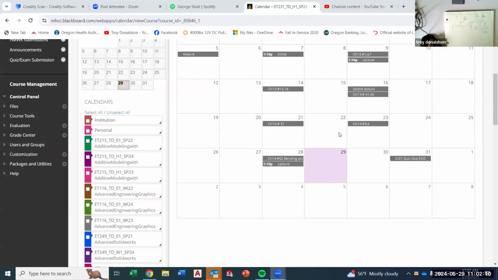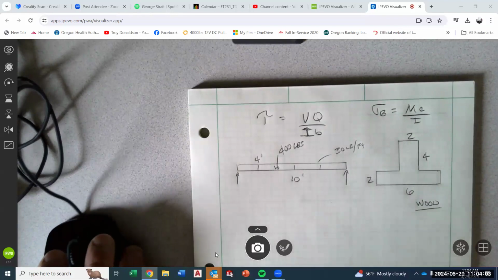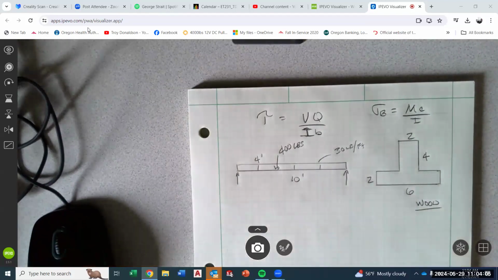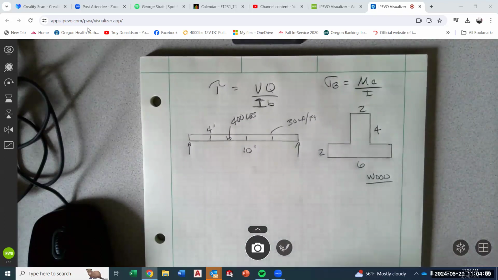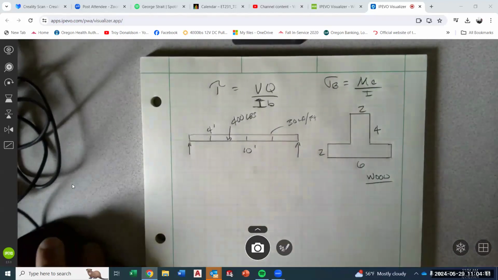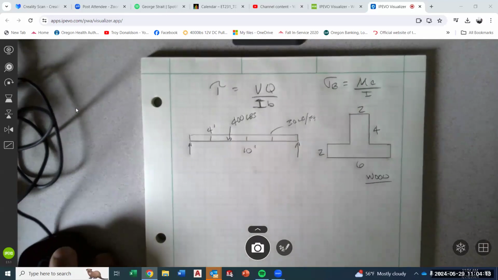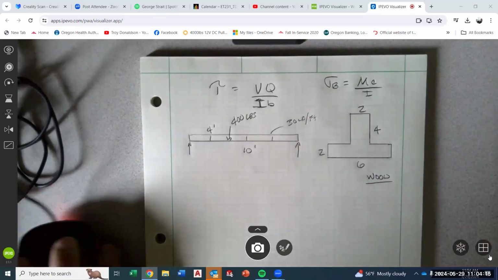It's inverted, so I'm going to have to stop the share. Let me pause. All right, we got it now. Let's go for it. Just thinking I could maximize this somehow, but that's all right. It's pretty maximized.